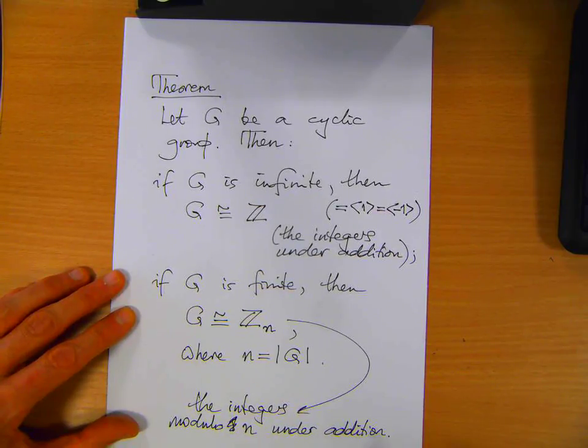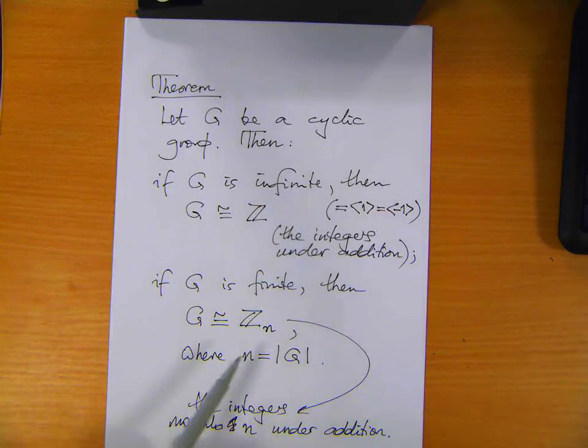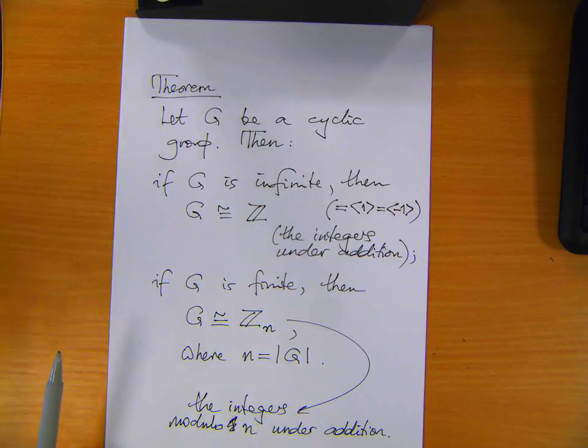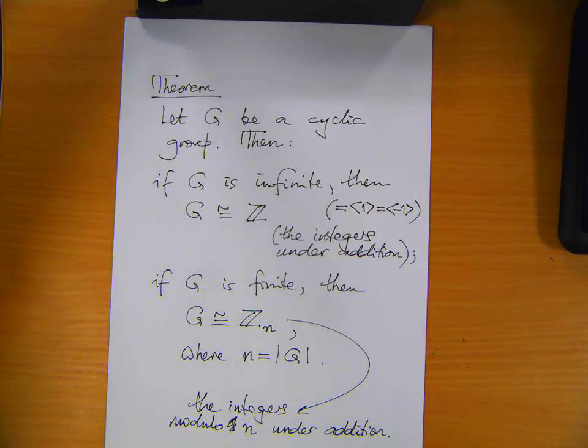Addition modulo n. So this is a bit more complicated because although we've been treating, as Fraleigh does, the elements of Zn as integers, from 0 up to n minus 1 with addition modulo n, really those elements 0, 1 up to n minus 1 are not integers, they're actually equivalence classes of integers where we regard two integers as equivalent if they differ by a multiple of n.